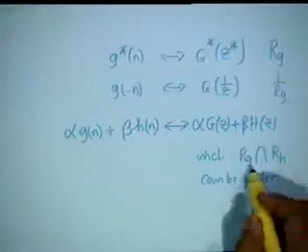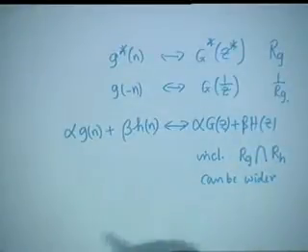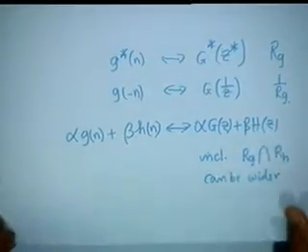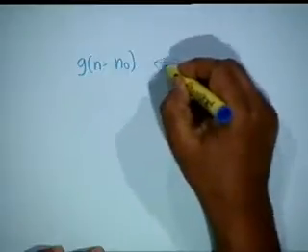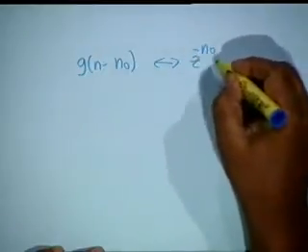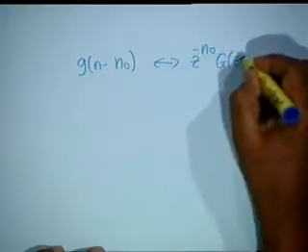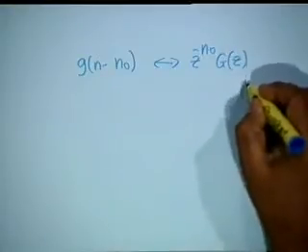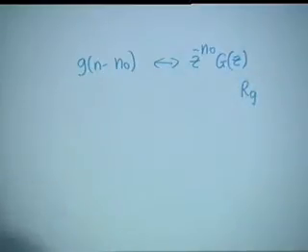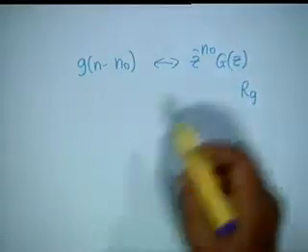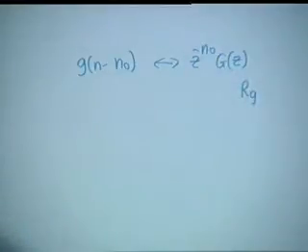One may contain the negative of one of the terms in G of Z. And then if I shift a sequence by n0, the corresponding Z transform is Z to the minus n0 capital G of Z, and the region of convergence is Rg except for either Z equal to 0 or Z equal to infinity, depending on n0 and depending on cancellations.